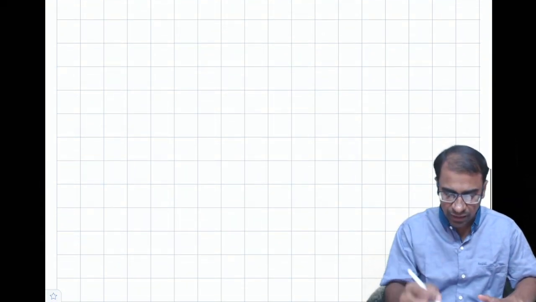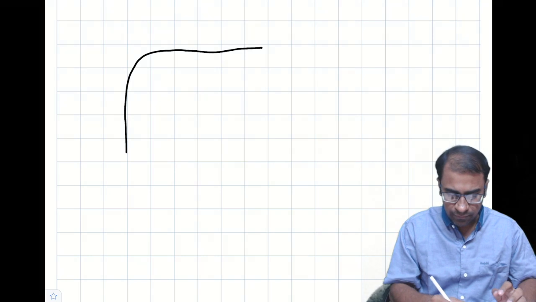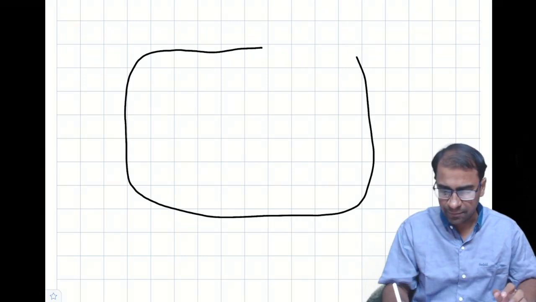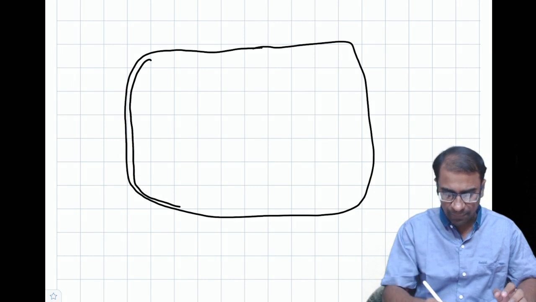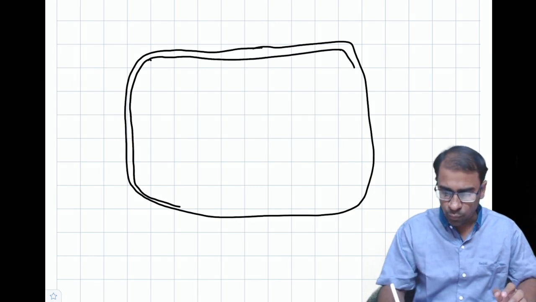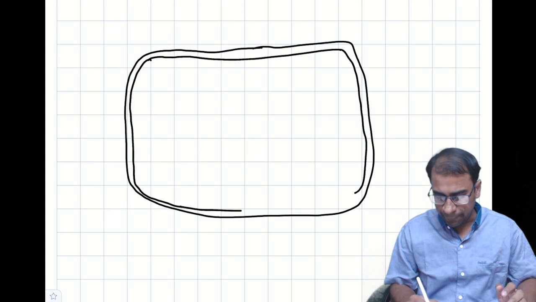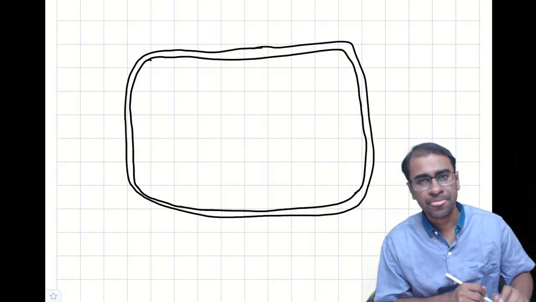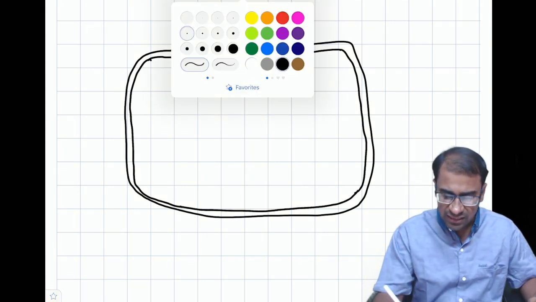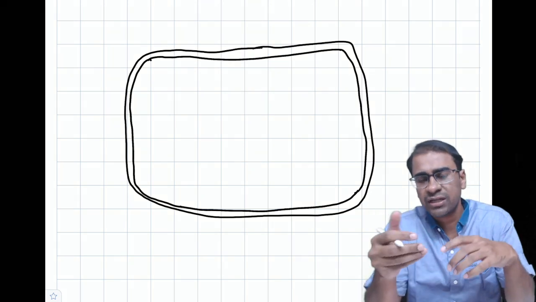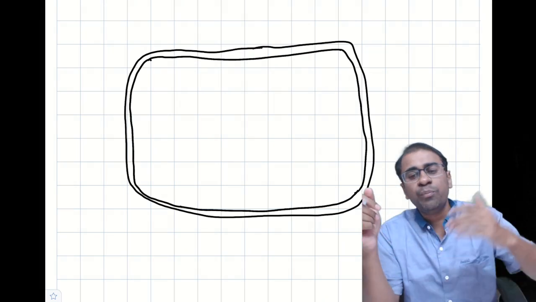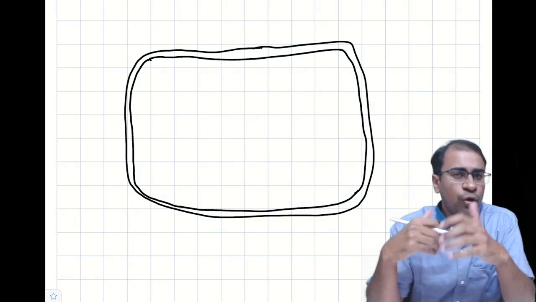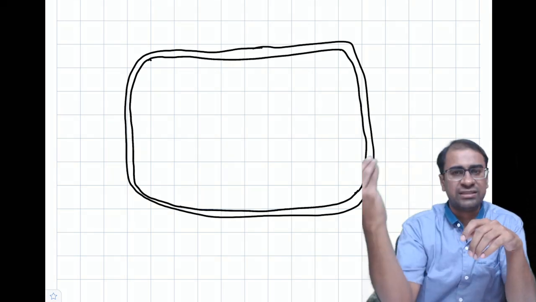Let's assume this is a cell. To make it a double membrane so that it looks like a plasma membrane, I'm making a double membrane, which denotes the plasma membrane of the cell. Now see, there are some transporters which help the cysteine molecule to enter inside, and which also help the glutathione molecule to exit outside.